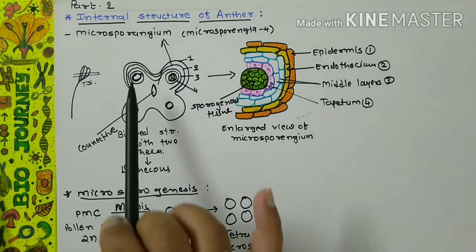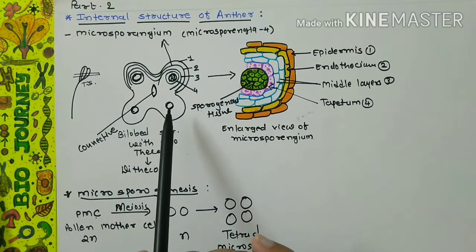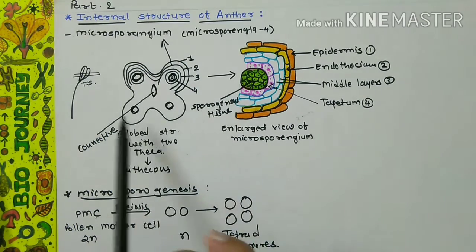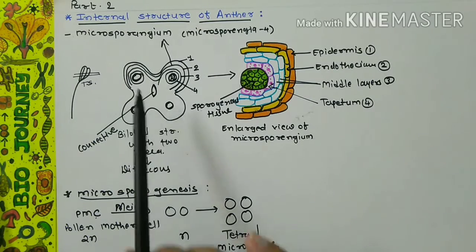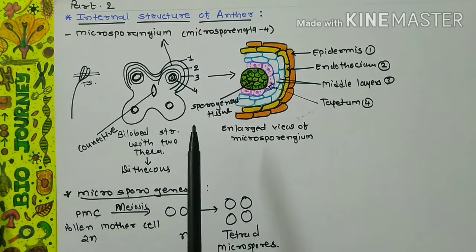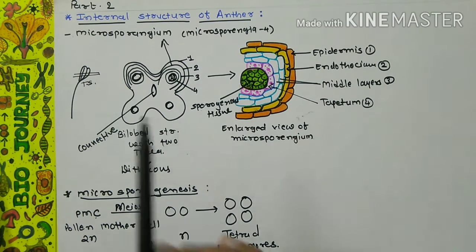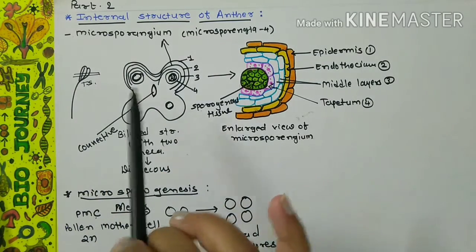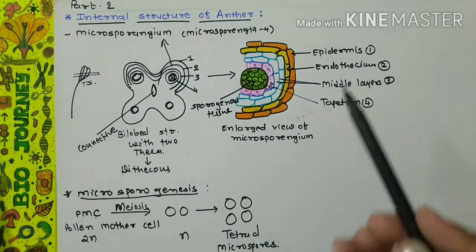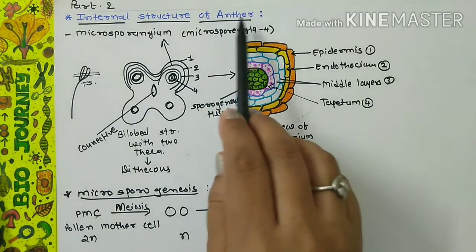Now you can imagine 4 microsporangia are there. In these 4 microsporangia, each has this cell mass that undergoes microsporogenesis. So lots of pollen grains will arise from this inner region, and they will come out with the help of the endothecium to the outer surface of the anther.